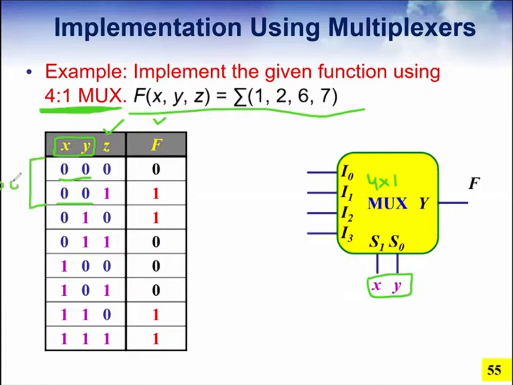So when XY is 0, 0, what is the relation between F and Z? When Z is 0, F is 0. When Z is 1, F is 1. So can I say F is equal to Z?